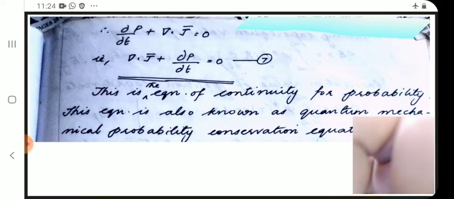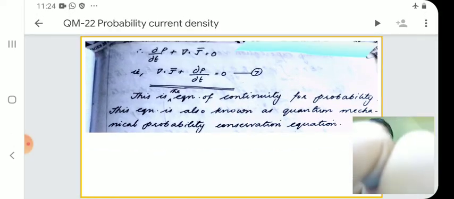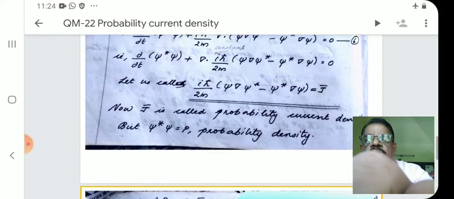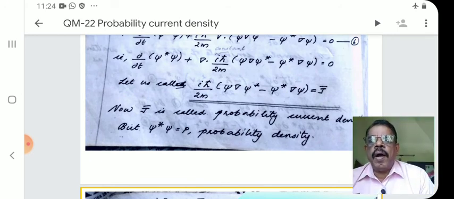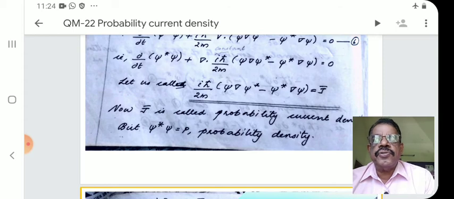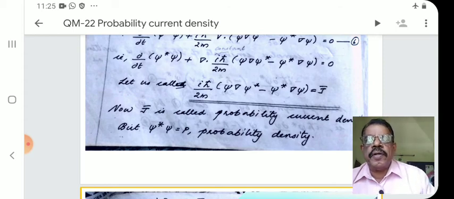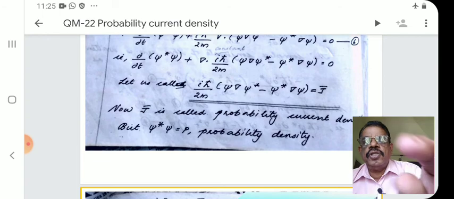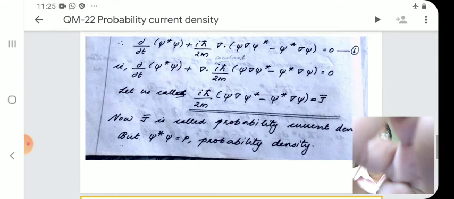The probability current density J is equal to iħ by 2m ψ del ψ* minus ψ* del ψ. Remember this. It is very important, and this was once or twice a straight question.